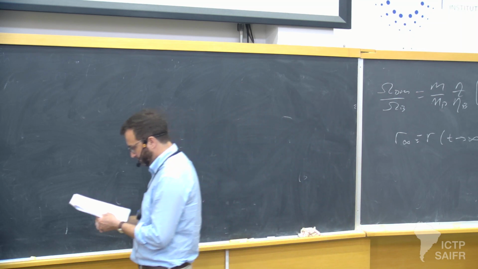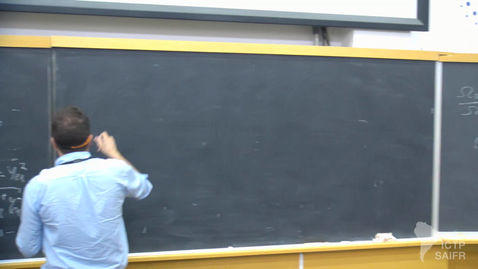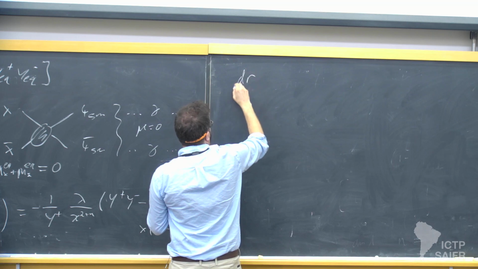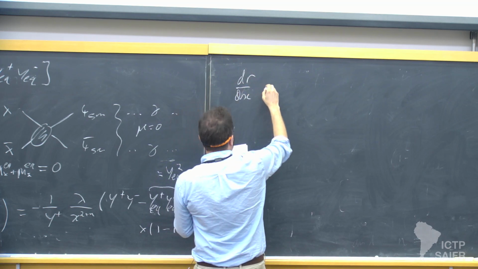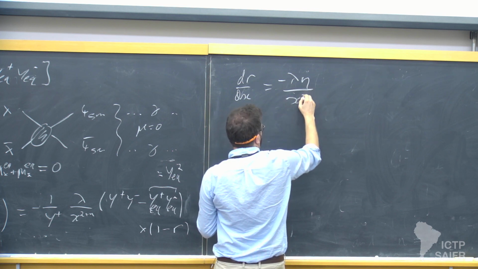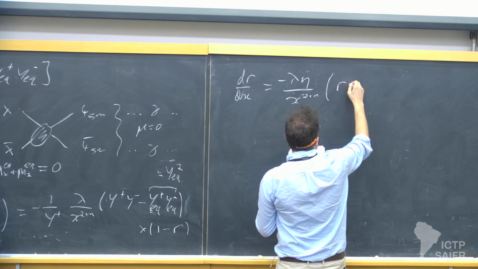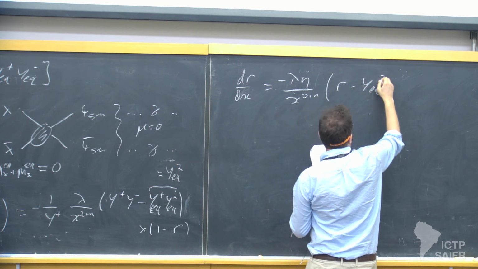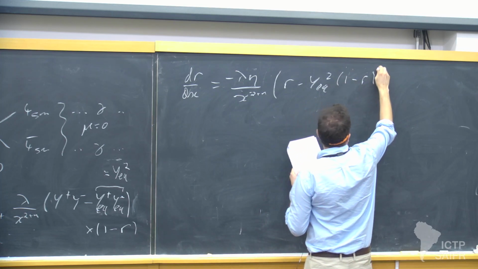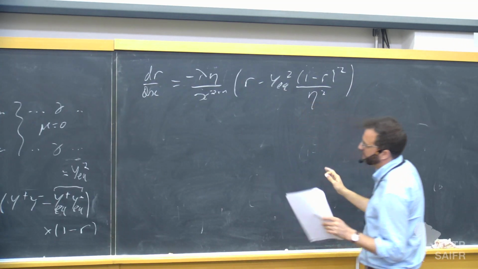And then you should find something like dr/dx equals negative lambda eta on x squared plus n, r minus y equilibrium squared, 1 minus r squared on eta squared. So it's just a rewriting.